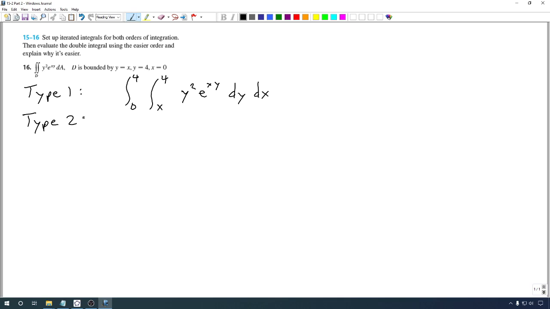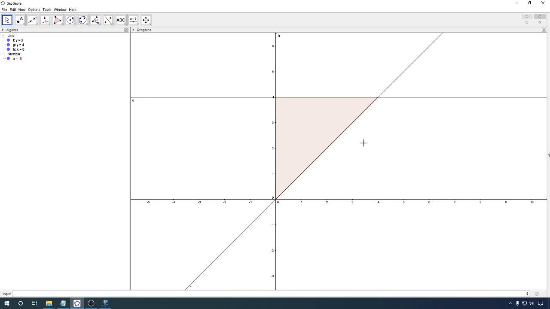If we're doing it as type 2 instead, going back to our picture, this time we're looking at cross sections where we're keeping y constant. So here, you can think of these as the bottom function or top function, or you can think of the left to right function. The leftmost one is 0. The rightmost one is this, and we want to think about this in terms of functions of x in terms of y. So our formula of y equals x will become x equals y.